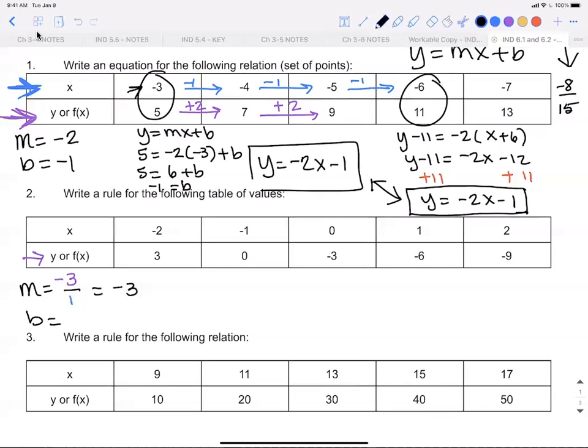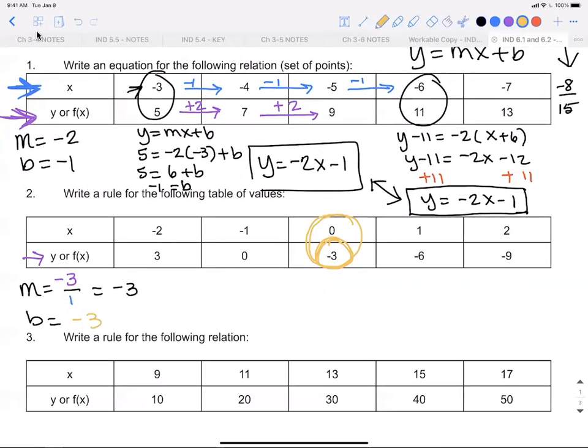So if I need the Y-intercept, and I have a point like this right here where the X is 0, what does that automatically make this? -3. Yeah, that's your Y-intercept. You don't even have to plug in and find your B. It's given to you. This is just one of those nice little gimmies. Take it as a freebie and run with it, okay?